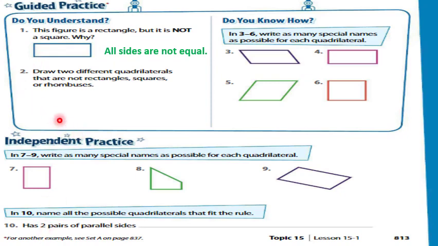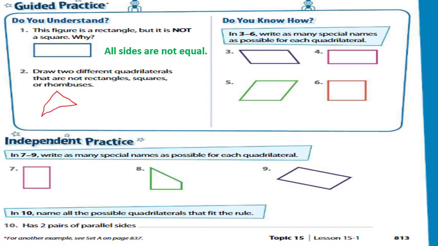Okay, question 2. Draw two different quadrilaterals that are not rectangles, squares, or rhombus. So we have to draw two quadrilaterals, a polygon with four sides, but it should not be a rectangle, square, or rhombus. So we have to think of any shape which has four sides, for example, like this.